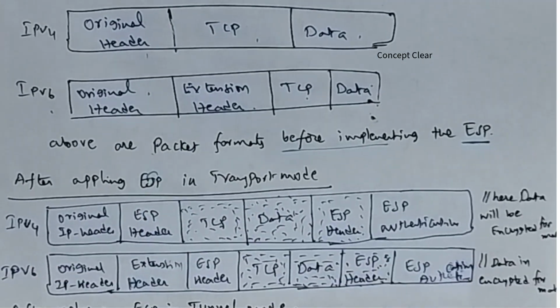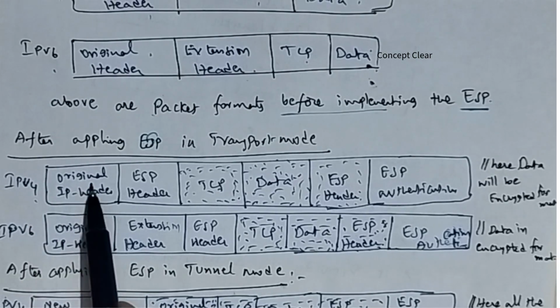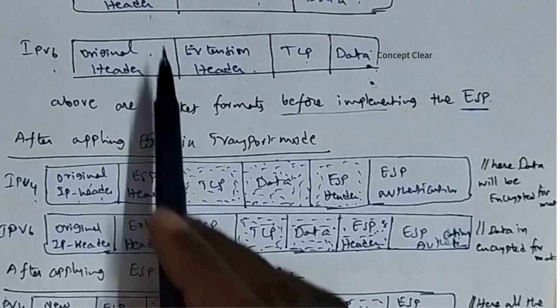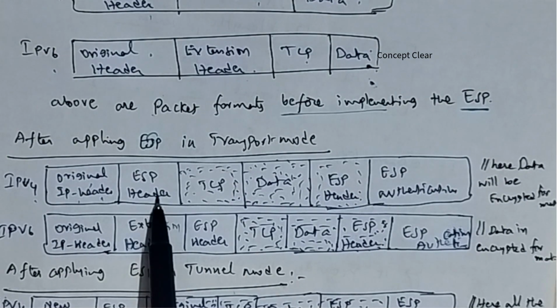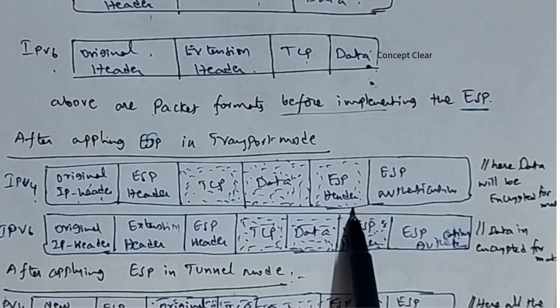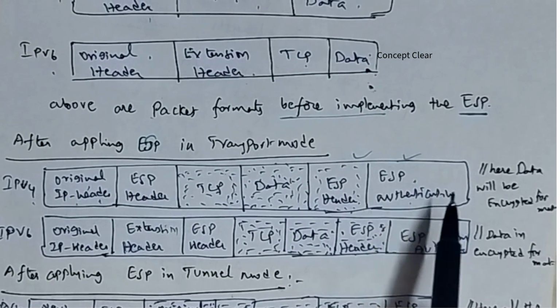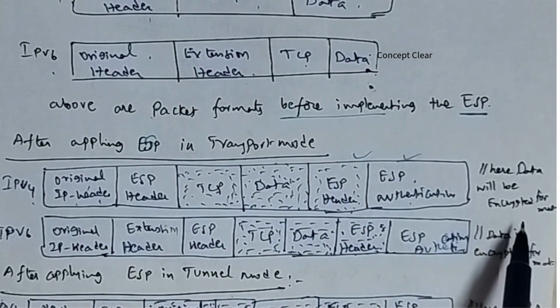After implementation of ESP, what is the transport mode? In transport mode, the data will be like this. IPv4 has the original IP header, then the ESP header, TCP data, and then the ESP trailer and ESP authentication; these will be added. The data will be encrypted.